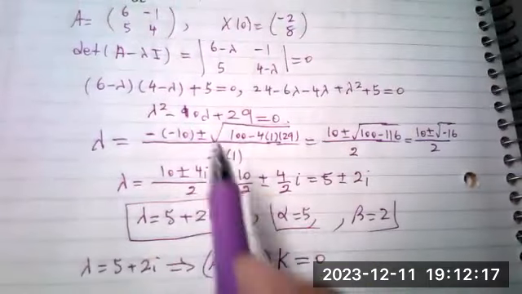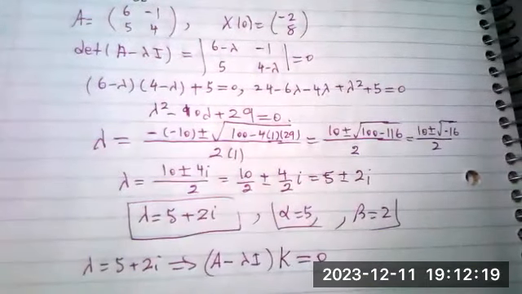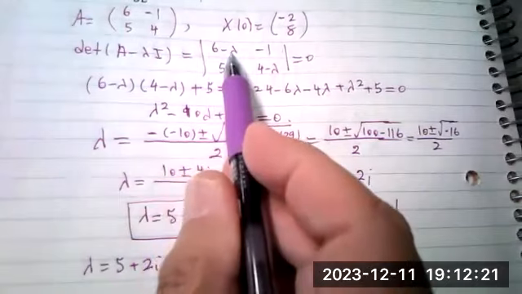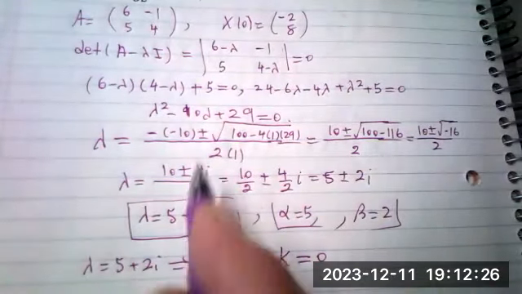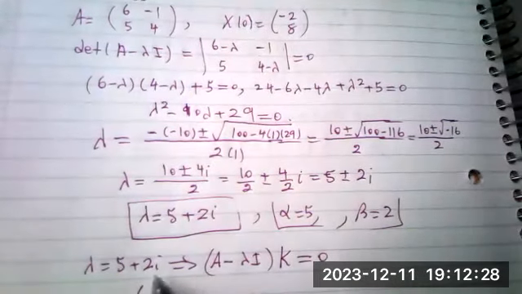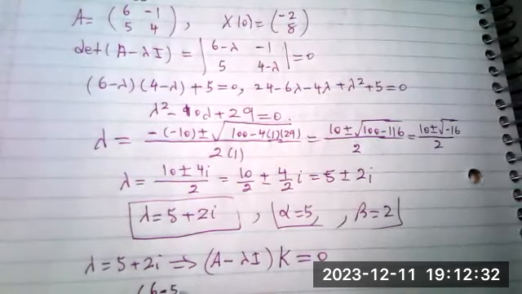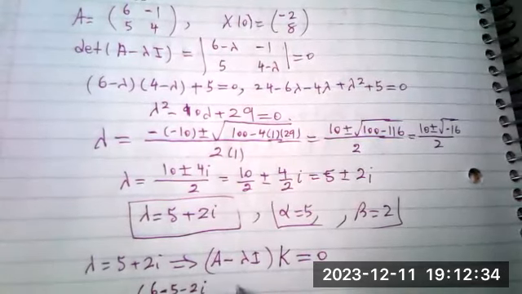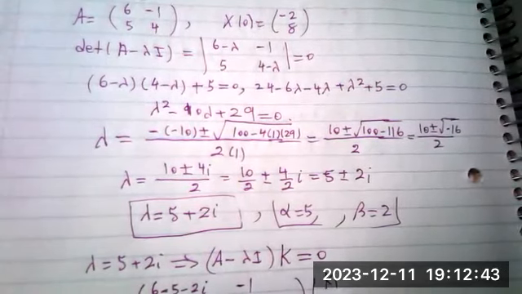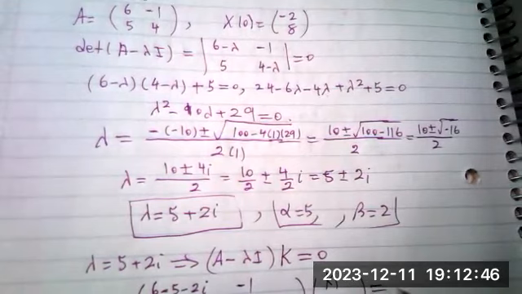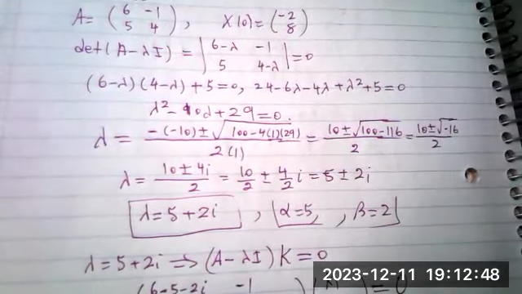So we go to this matrix and replace lambda by 5 plus 2i. So that would give us the matrix [6 minus (5 plus 2i), -1; 5, 4 minus (5 plus 2i)] times k1 and k2 equal to 0.